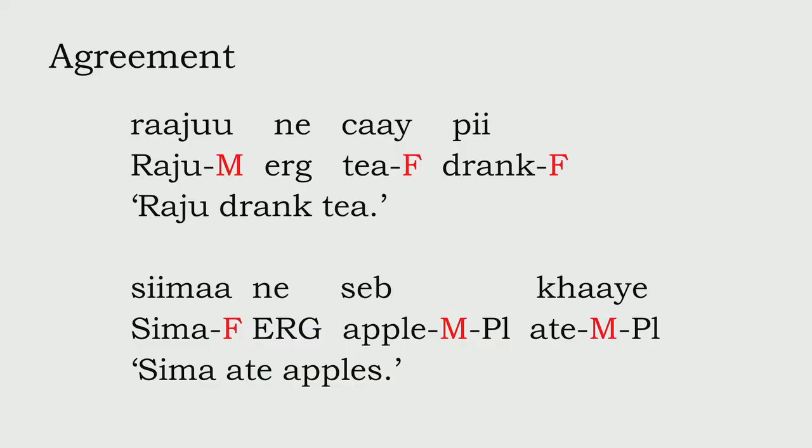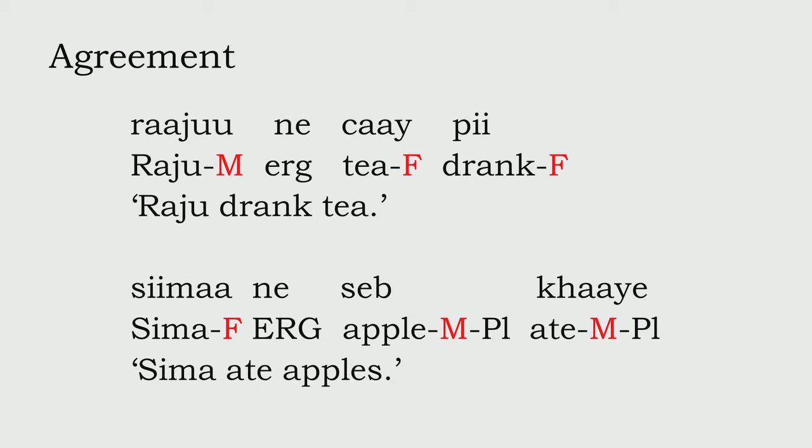So in a language like Hindi, all three of them are participating. Let's look at these examples again to understand agreement in Hindi and the whole phenomena of agreement in general. So it's easy for us to see that the noun that agrees with the verb in the first sentence in Hindi is chai and not Raju.